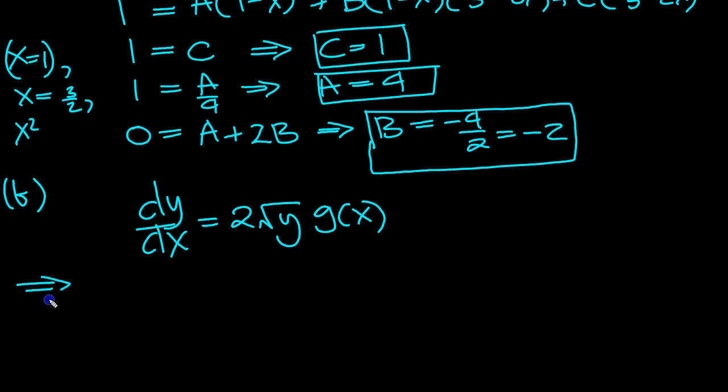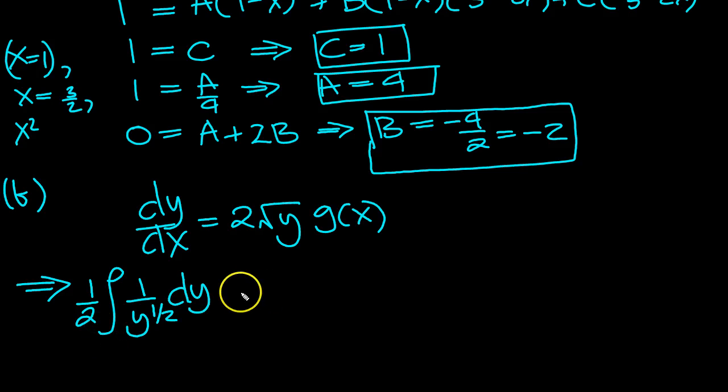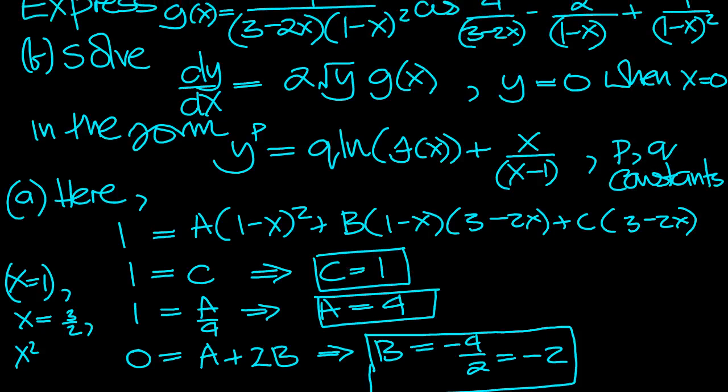So that tells us then, separating the variables and integrating, the dy can stay as is. Move the root y down, so it's 1 over root y, which is y to the half. Move the 2 down as well, but I'll put it outside the integral as a half, equals the g of x we can write as the partial fraction now.